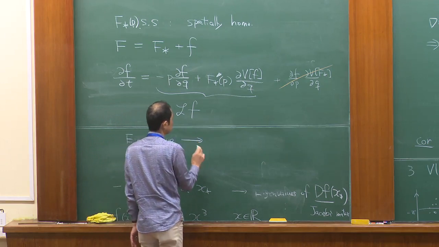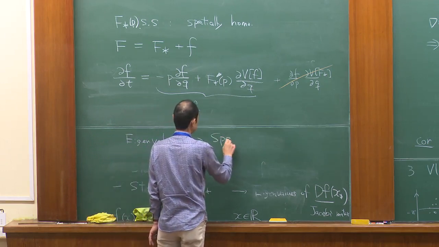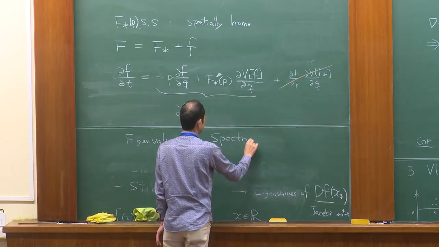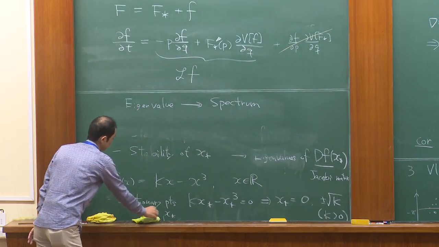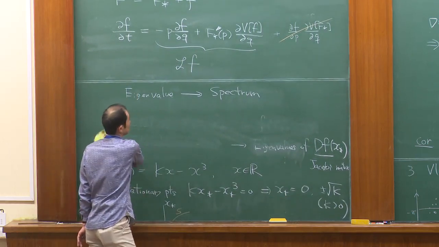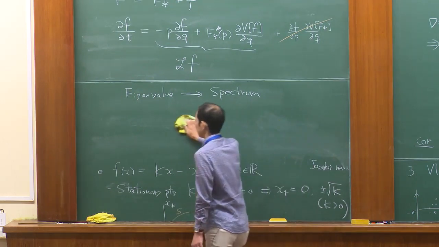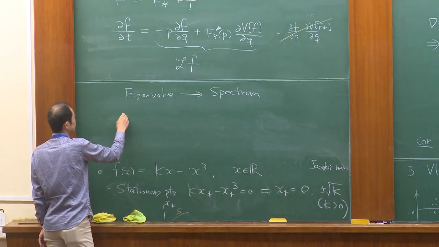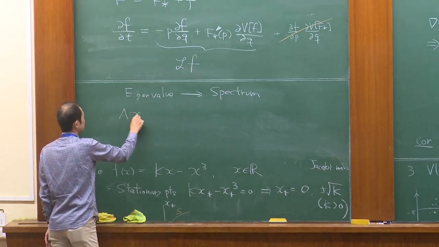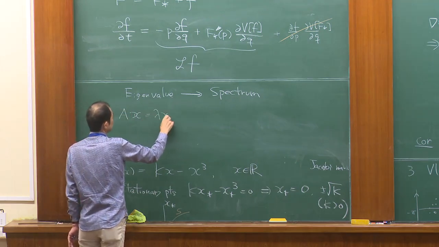In the field of functional analysis, we use the terminology of spectrum. What is the difference? The definition is more or less the same. For example, consider an eigenvalue of a matrix.